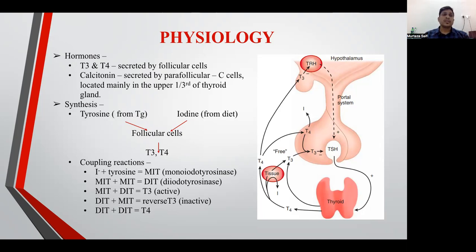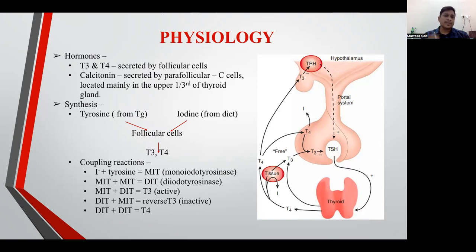Then for synthesis of T3 and T4, tyrosine comes from thyroglobulin and iodine from the diet. This forms the follicular cells, which in turn give rise to T3 and T4.